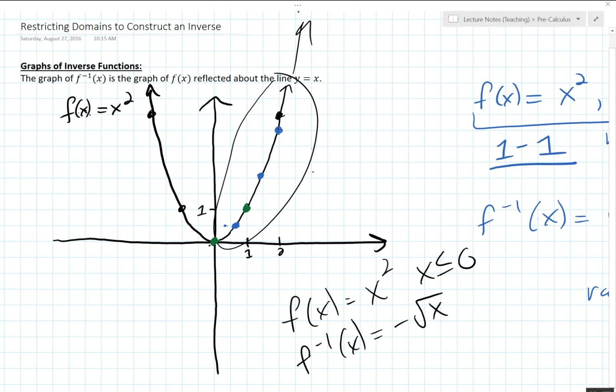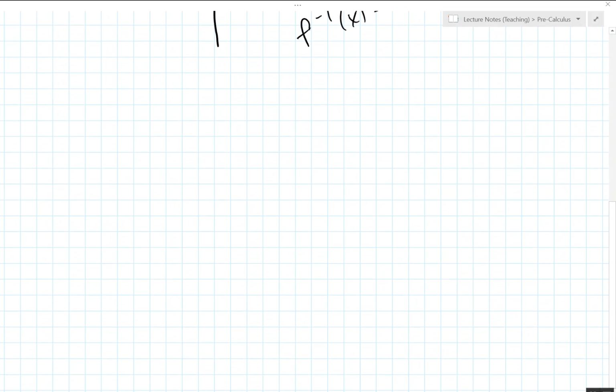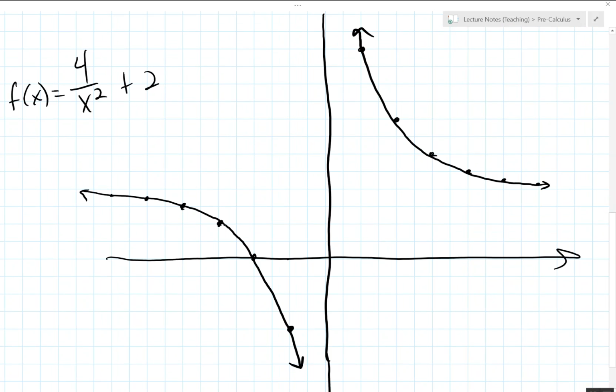So let me pull in an example. I have a good example right in front of me if I can find it. So here it is. If we look at the function 4 over x squared plus 2, I'm going to cut the whole drawing part out.